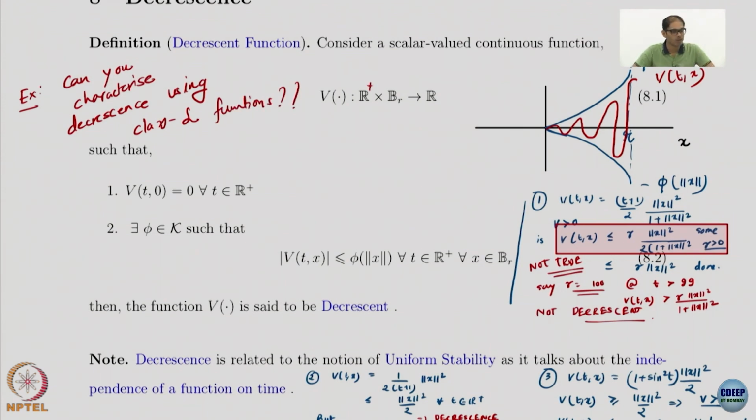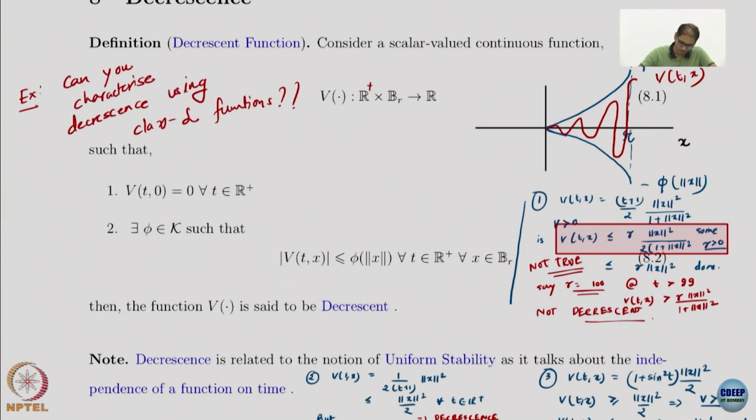Because this is also somehow doing an upper bounding instead of a lower bounding, right. So the question is, can you use class L functions in some sense to characterize decrescent functions? I want you to think about it.